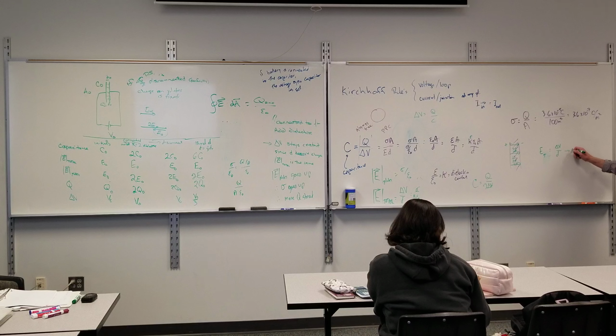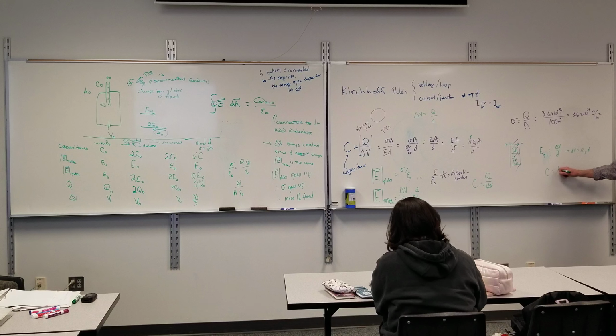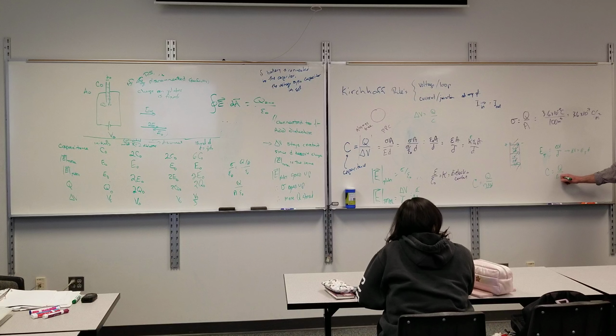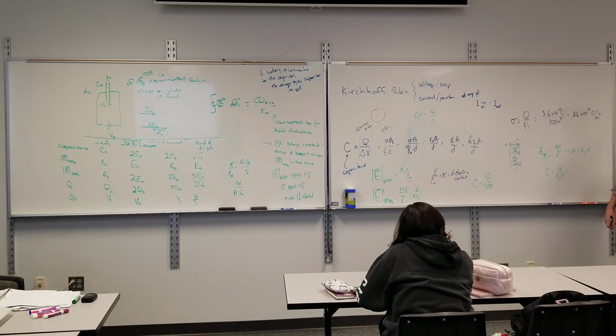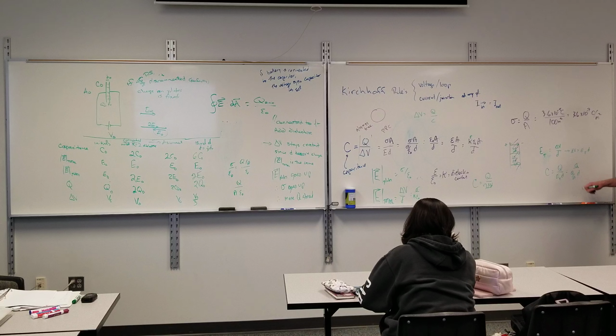Or let's see, delta V equals E d. I know my capacitance is equal to Q over delta V, which is just my electric field d. If I don't use a dielectric in here, then this becomes Q over A d.